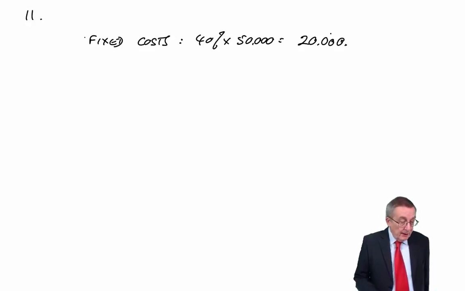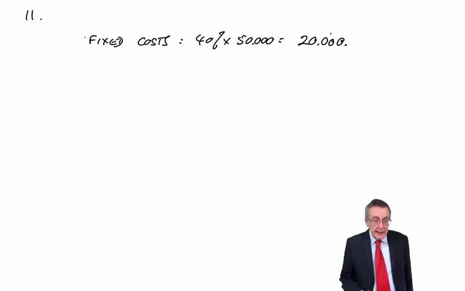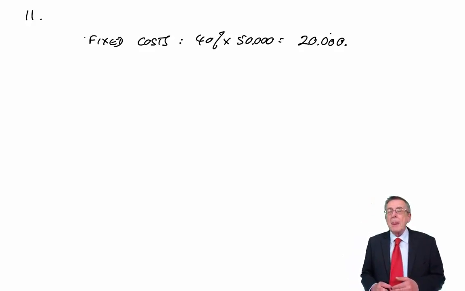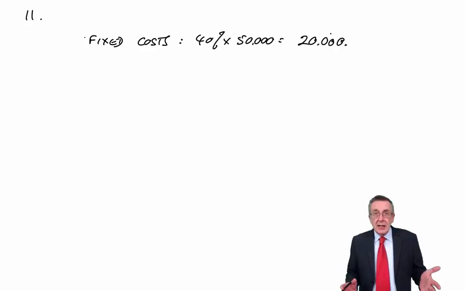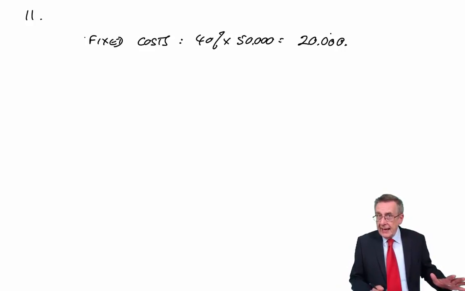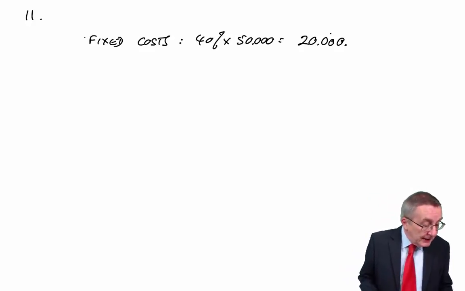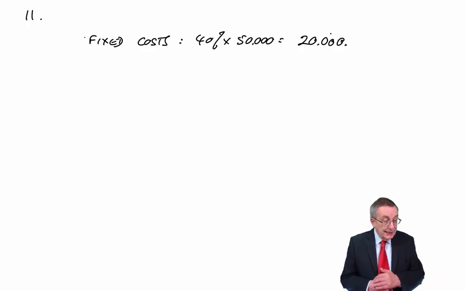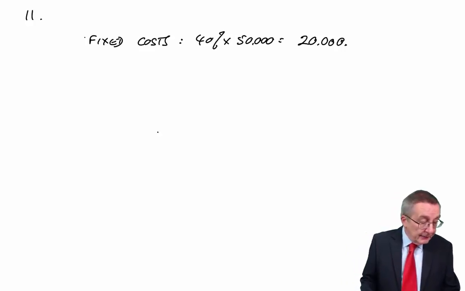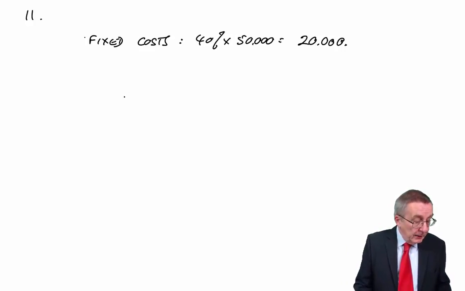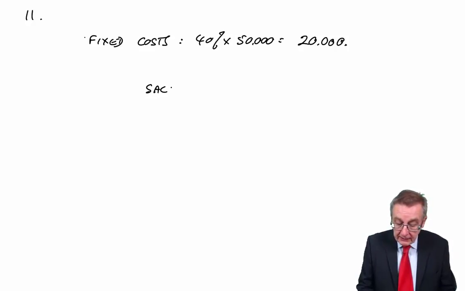Now, to be honest, the examiner here is being a little bit unfair because there is no standard measure of operational gearing. As you'll have seen in the notes, with financial gearing there are two measures, but with operational gearing there isn't. But looking at the choices here, he would appear to have measured gearing as the multiple of the sales against the fixed costs.